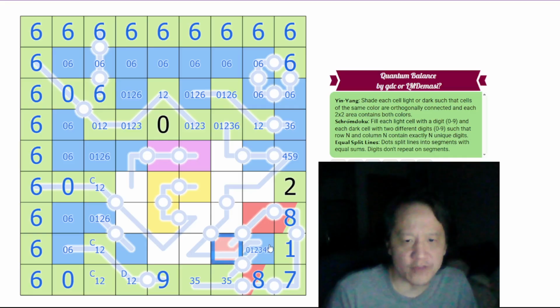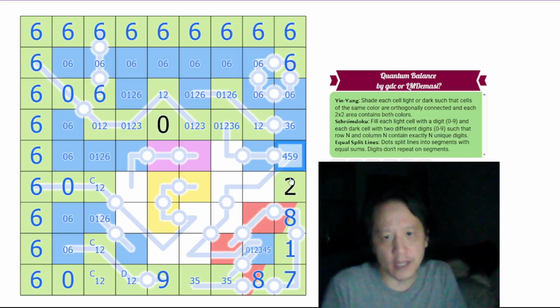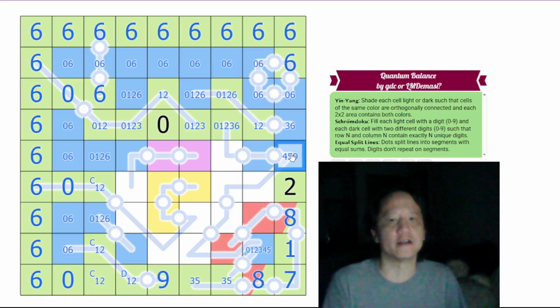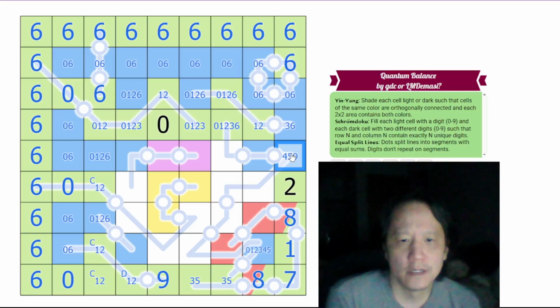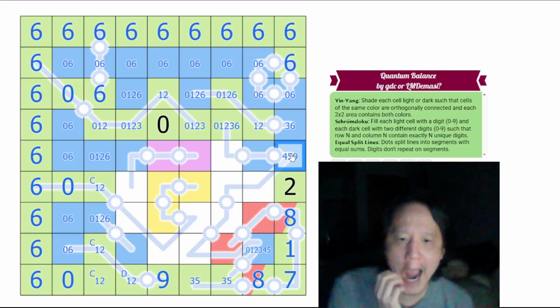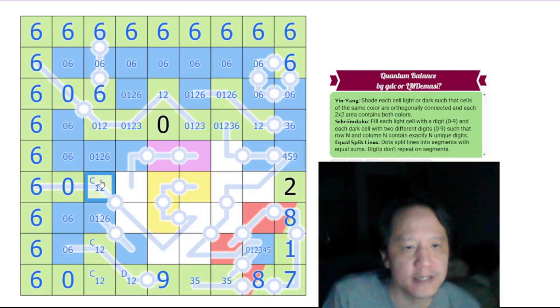This is a value of at least 3. So this is definitely 9 here. And it could be 4, 9 or 5, 9 here. This adds up to 7 or 8.